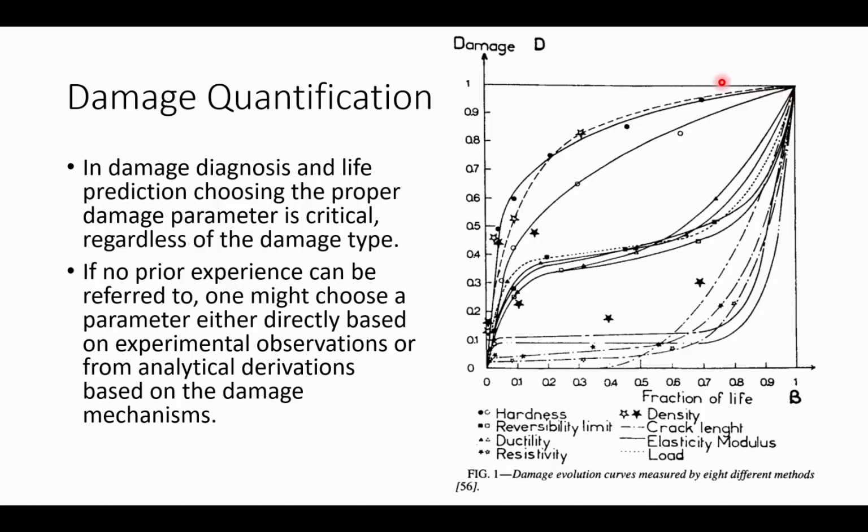Here is an example of various damage quantities and how they evolve for a specific material. So one alloy was tested, and all of these measurements were taken throughout the fatigue cycling period. And we can see, depending on the damage quantity we used and its resulting equation, we get very different paths of how damage is accumulating from 0 to 1. Some of them are exponential increasing behaviors, because these are damage quantities we're measuring.